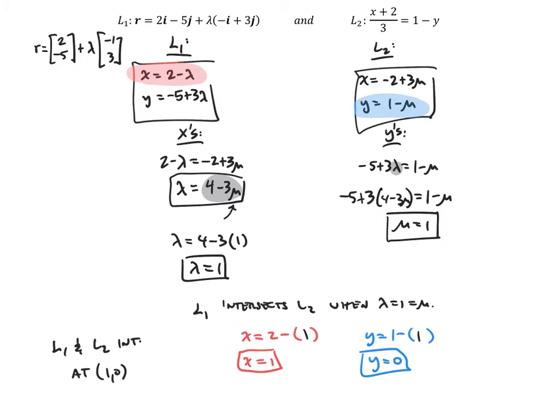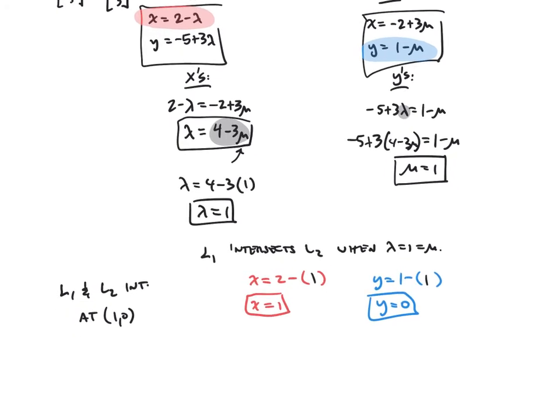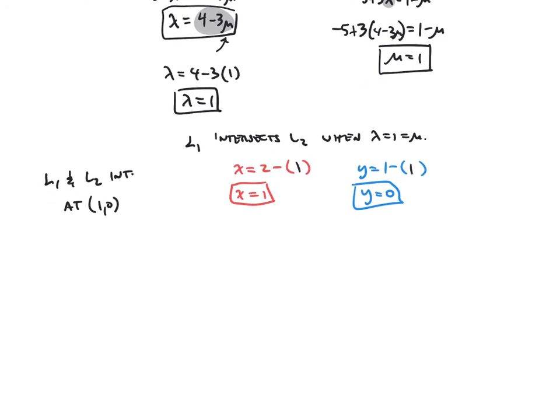Now, an interesting thing to note. Lambda and mu are really parameters. It's not useful yet, but when we get to applications, what this means is if the two lines intersect as they do above, and lambda is equal to mu, then we have a collision.